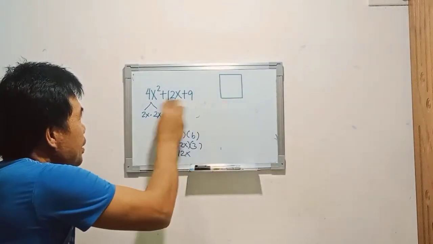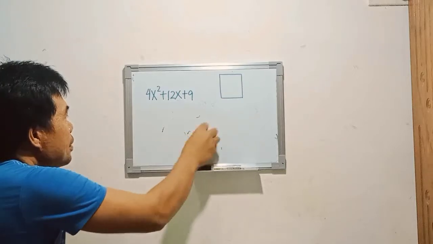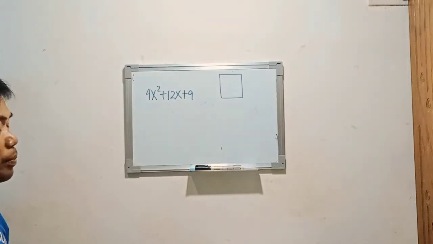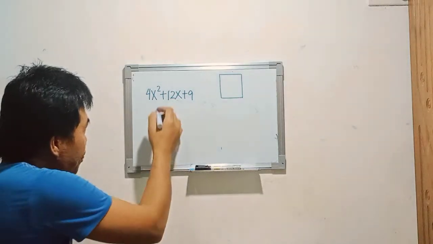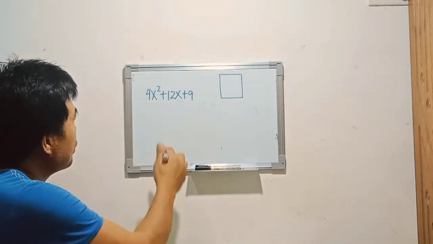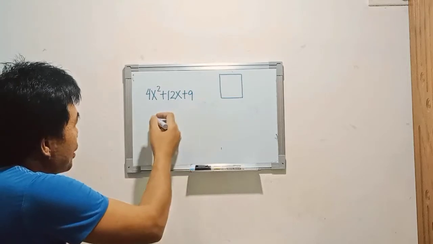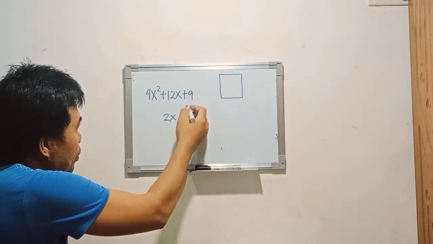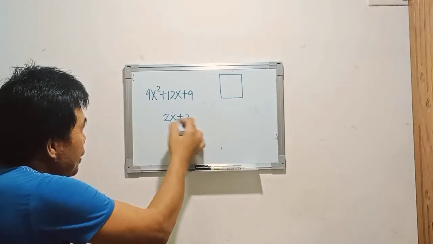So next step is to factor this perfect square trinomial. So how to factor a perfect square trinomial? First, we need the square root of the first and the last term. The square root of the first term is 2x. And the square root of the last term is 3.